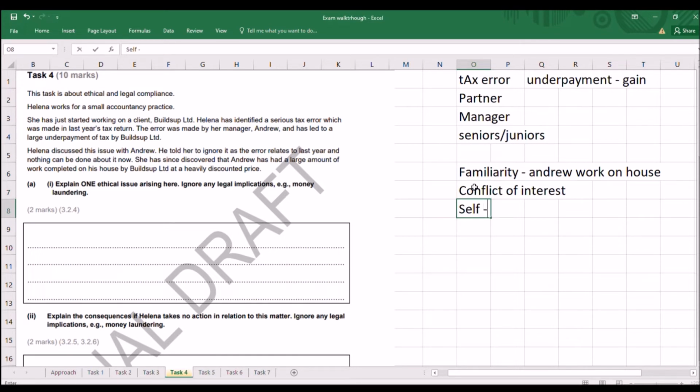Conflicts of interest and self-interest. So that's all Andrew's issues in there, and they are threats to his objectivity. So you've got another one. I mean, he could simply be friends with Builds Up, couldn't he? That they know each other. So we've actually also got advocacy as well here, couldn't we? That he might advocate.